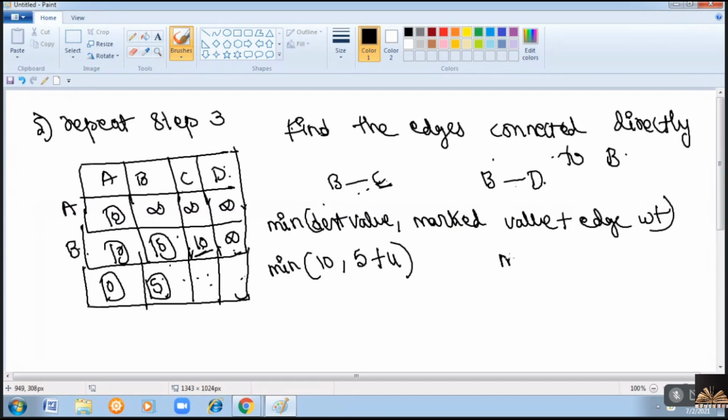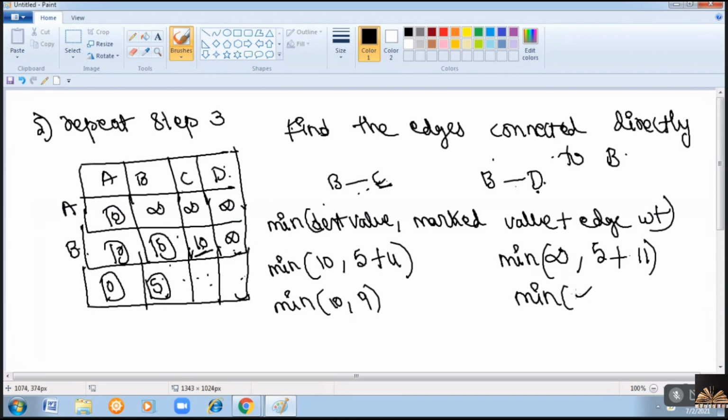Similarly for B to D, the destination is D and the D value is infinity, comma, marked value 5 plus the edge weight of B to D, which is 11. So minimum of 10, comma 9, and minimum of infinity, comma 16.